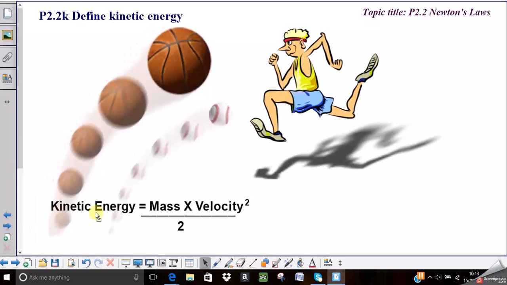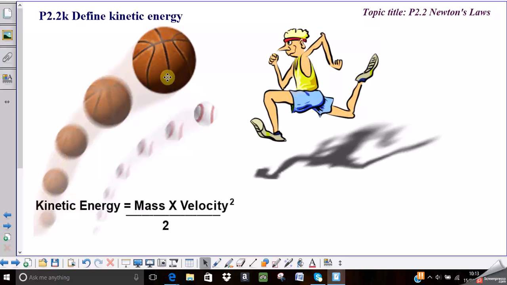So kinetic energy is calculated, look at the moving ball's mass times velocity squared over 2. So kinetic energy is related to an object in motion. Now if we have a baseball and a basketball, and they're both moving at the same velocity, because the basketball has a larger mass than the baseball, the kinetic energy of the basketball will be much, much larger than the kinetic energy of the baseball.